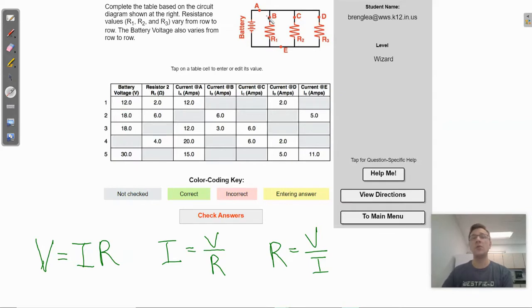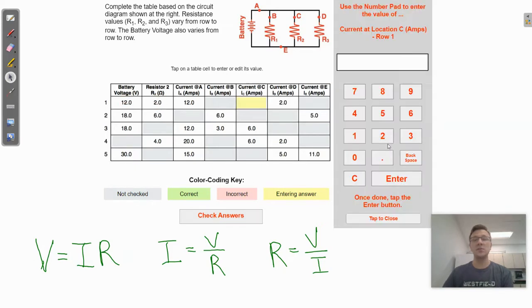So you're going to have 12 volts applied across each of these branches here. And since there's only one resistor in each branch, each resistor will drop 12 volts. So when we calculate this, we're going to do 12 volts divided by the resistance at resistor 2, which happens to be 2 in this scenario. So 12 volts divided by 2 ohms is going to give us 6 amps of current going through branch C.